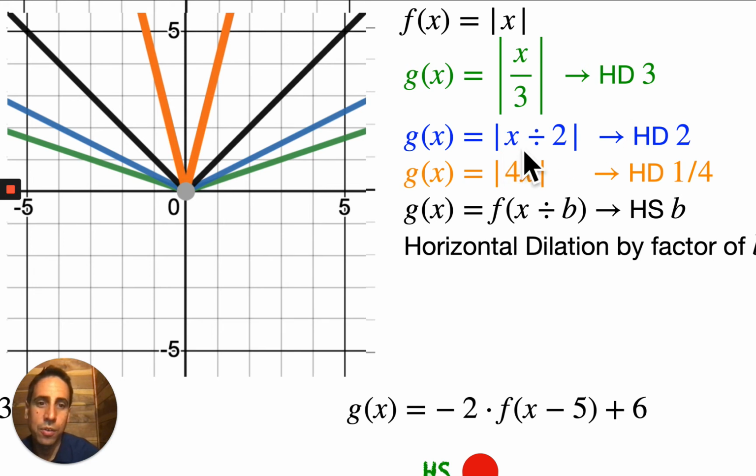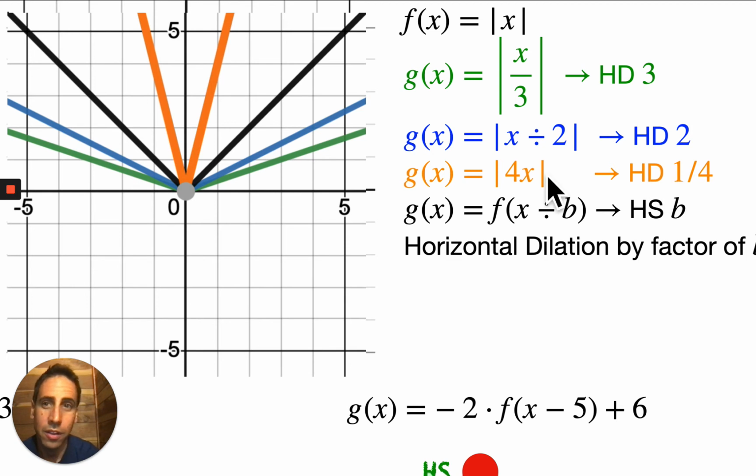If you say x divided by 2, similar to over here, first, before you take the absolute value, then it'll be a horizontal dilation by a factor of 2, which is opposite of what we expect. We see an x over 3, so divided by 2. You might guess that the horizontal dilation is a factor of 1/2, but it's not. It's the opposite of what you'd expect from what we see. The g of x is going to equal the absolute value of 4x.